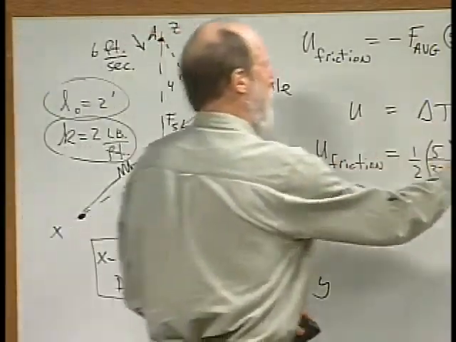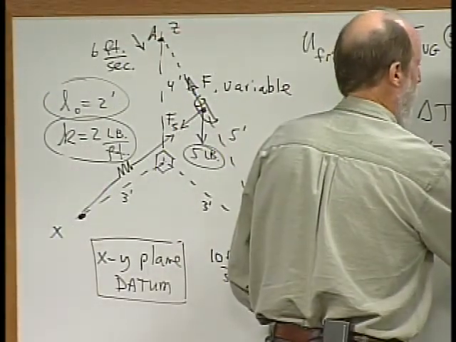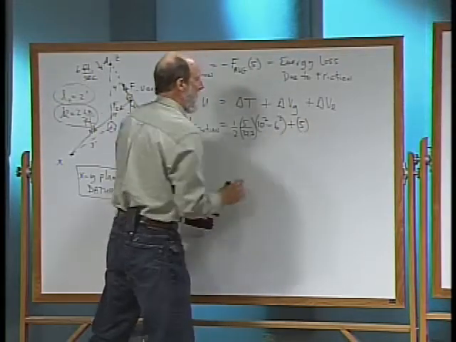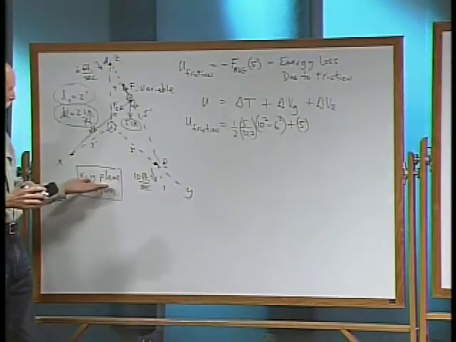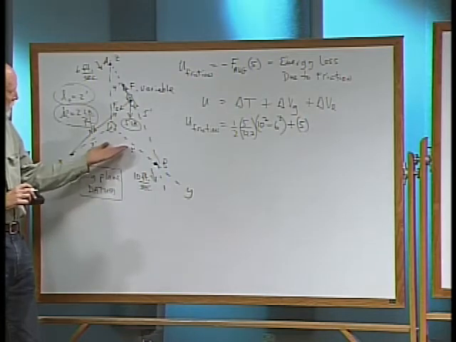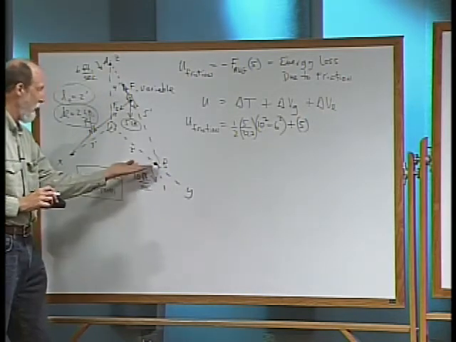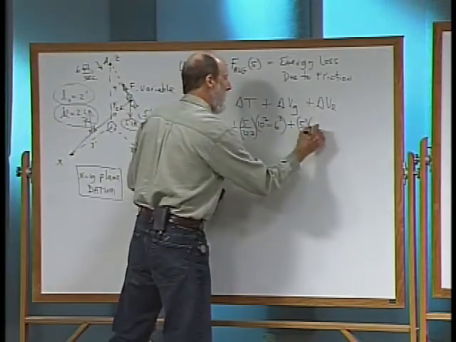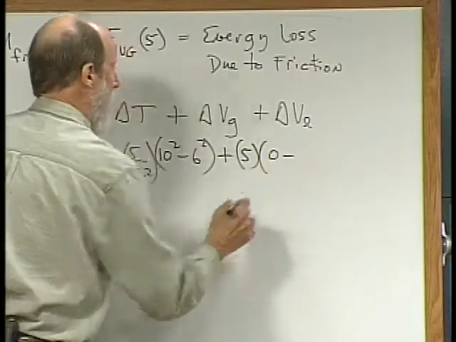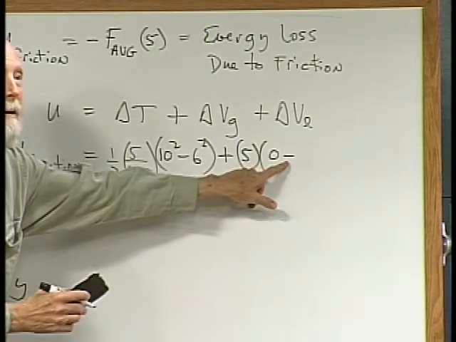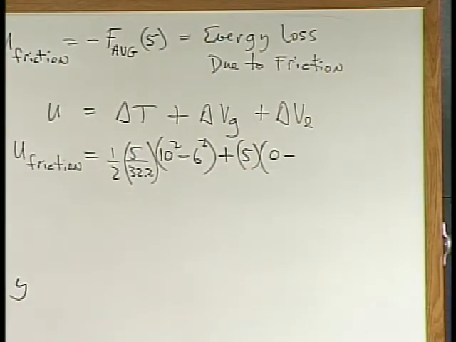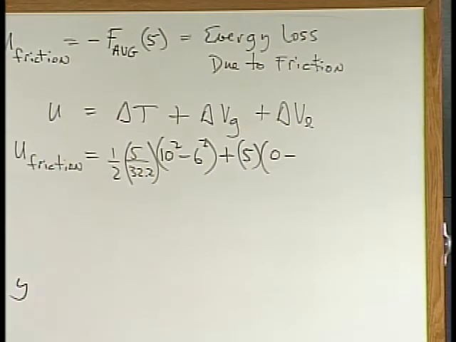Then the change in gravitational potential is the weight of the object times its position at the end of the motion relative to the datum, which is here at B, so it's down on the datum. So there's a 0 position, and we subtract from that the elevation off the datum initially, which happened to be 4 feet.